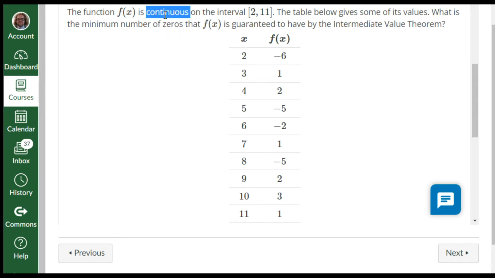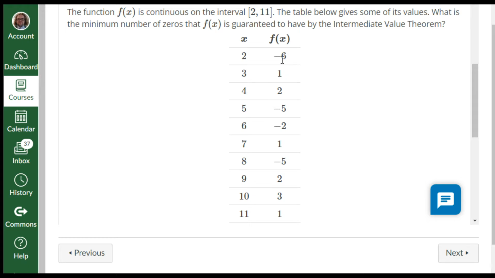And since f is continuous, this is an important part, then we know that somewhere between 2 and 3, you are going to have a place where f is 0 because it's continuous.